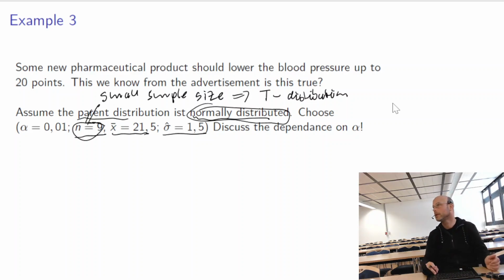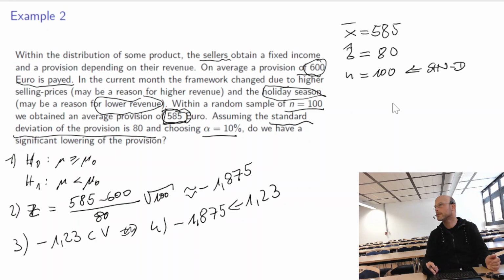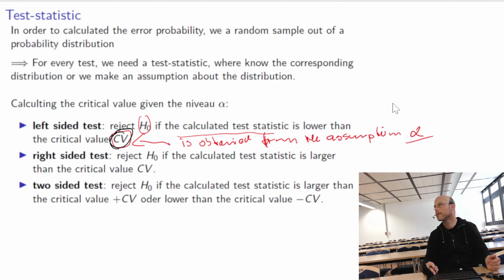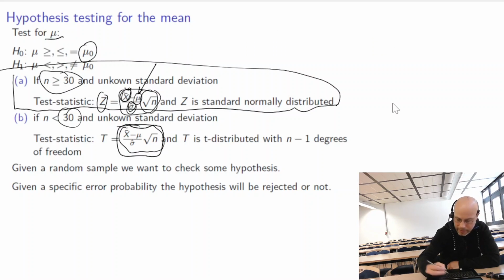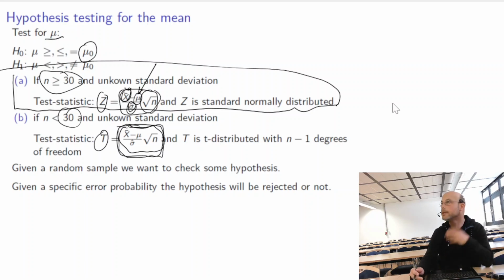So now we know that our test statistic, here, we calculate in the same way as in the other two examples, but this test statistic now we call t, since now we obtain the critical value not from the standard distribution, but from the t distribution.